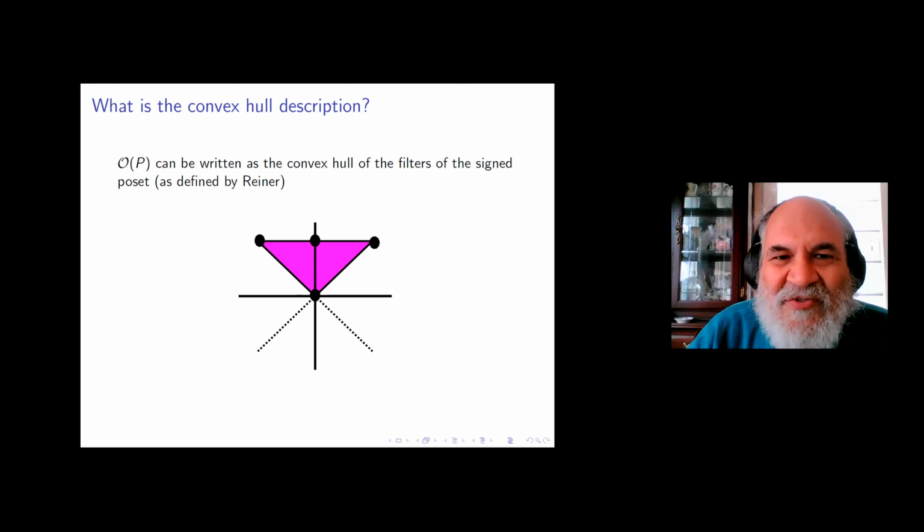But one can also think of a linear extension of the poset to real numbers.